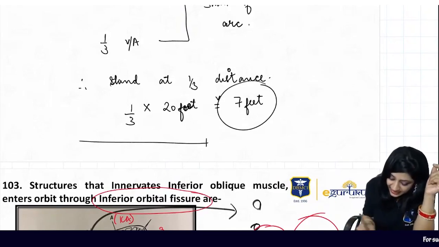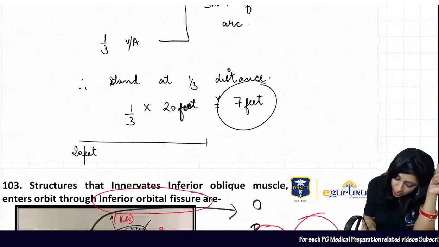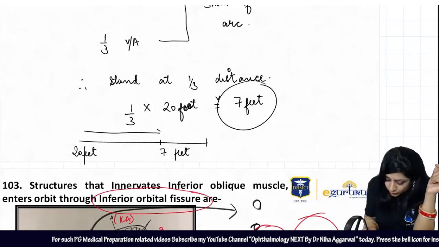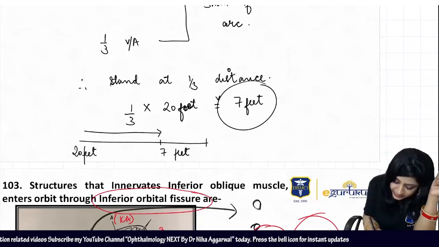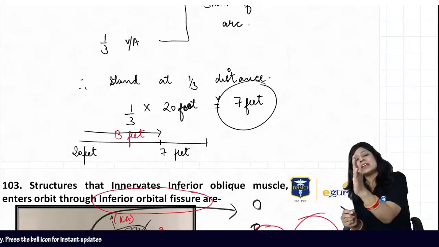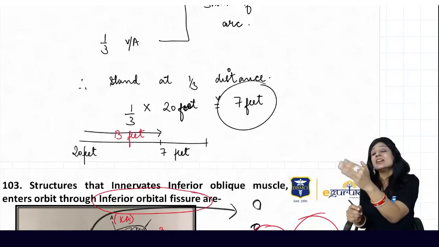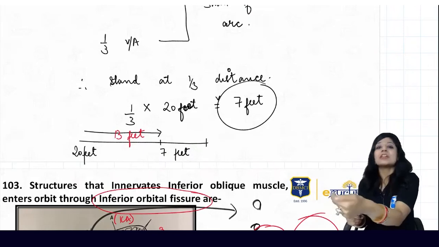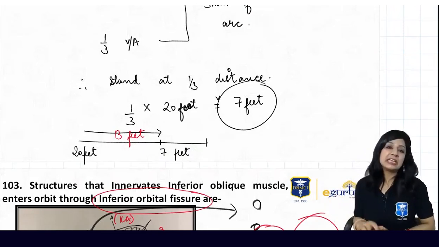And she is standing at 20 feet, and she has to stand at 7. So how much should she walk anteriorly? That is 13 feet. She has to come 13 feet so that she stands at 7 feet and then only she can see.